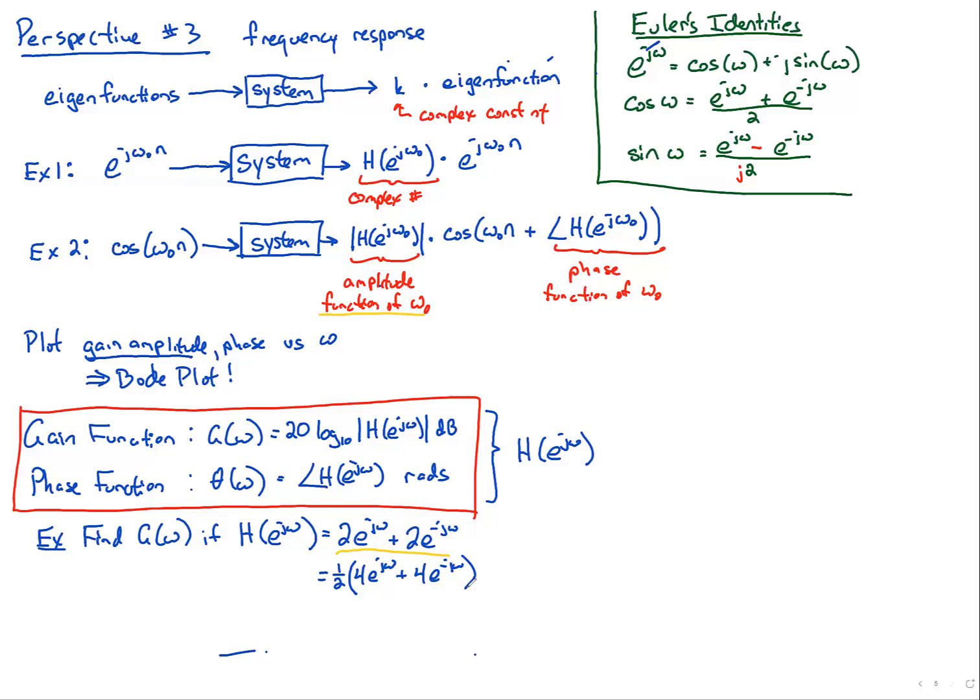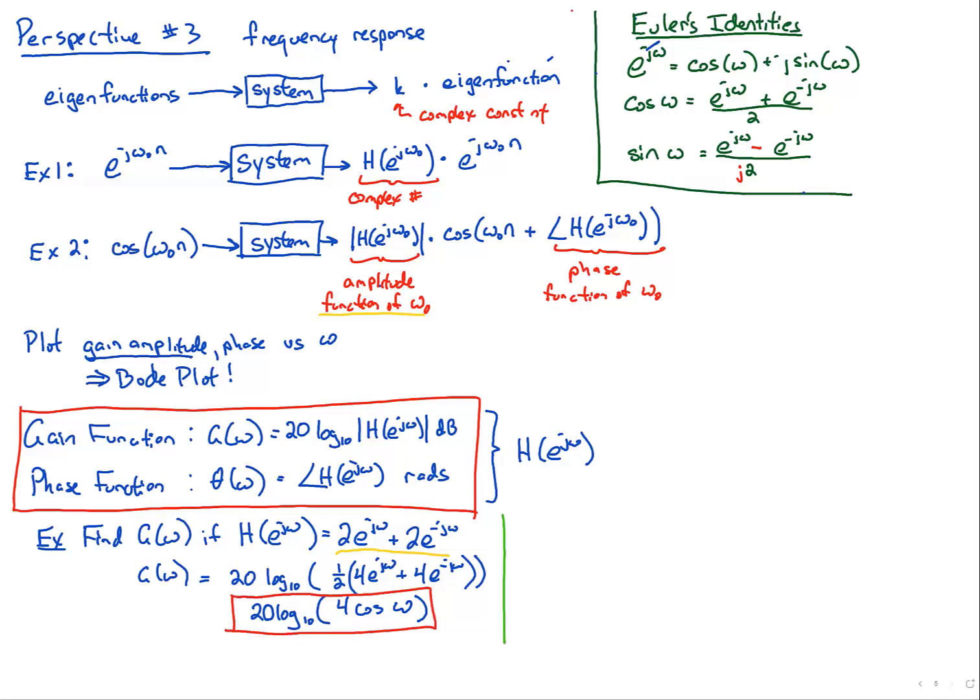And now I can directly match it with what I have over here, and I can see that that is indeed equal to 4 cosine of omega. And so therefore the gain function is going to be equal to 20 log base 10 of all of this, so 20 log base 10 of 4 cosine omega.